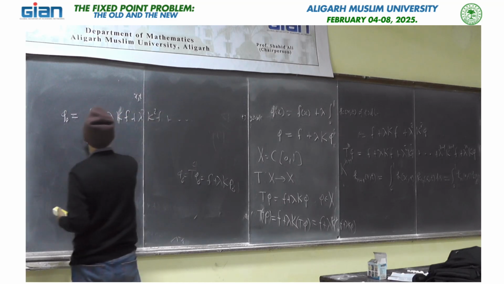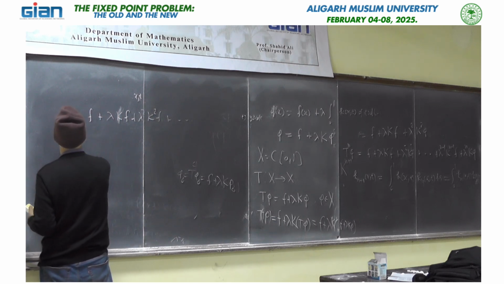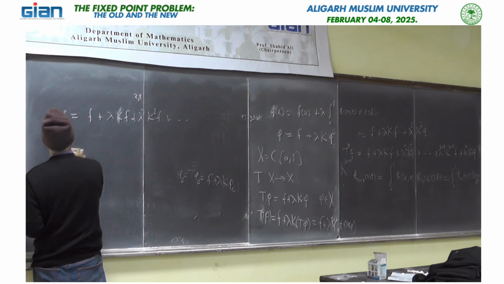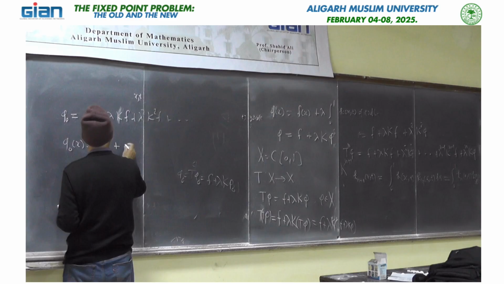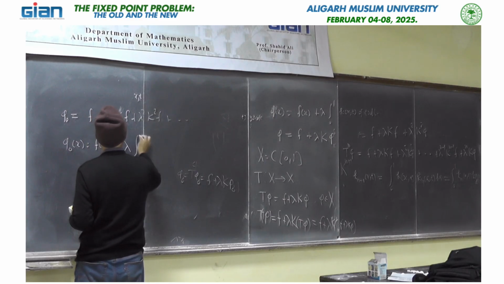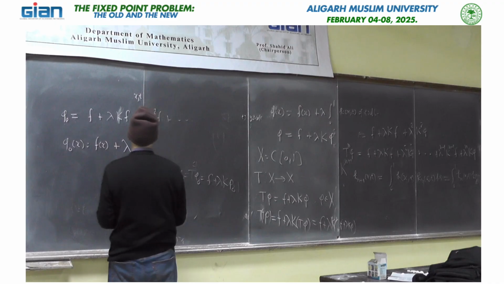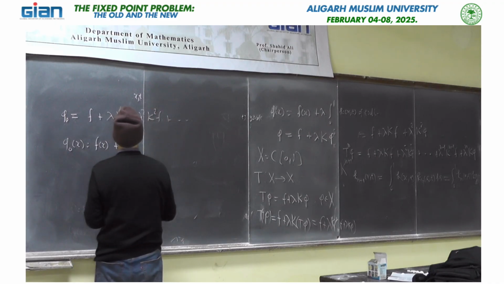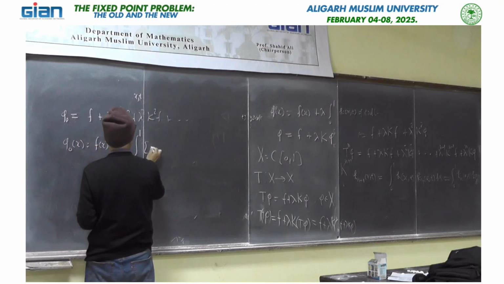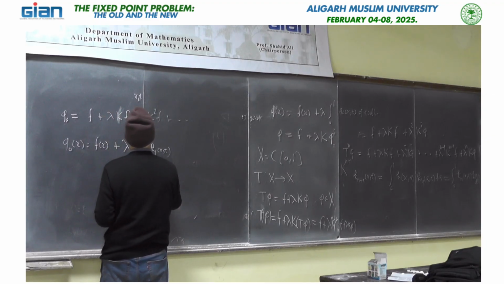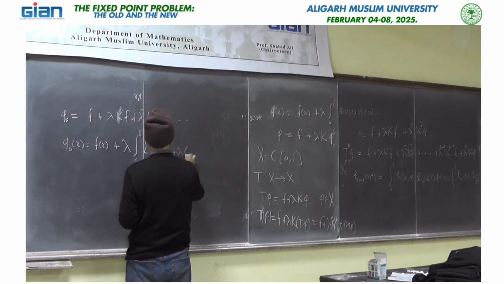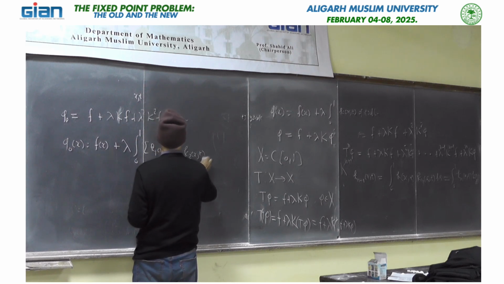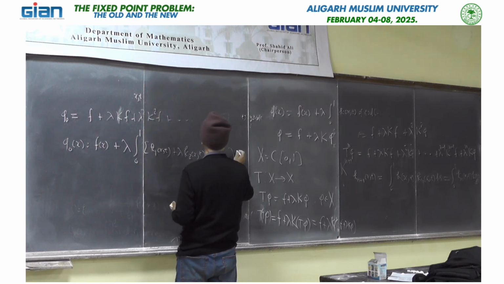If you write this in integral form, phi 0 of x equals f of x, and then you take out one lambda, and for Fredholm it is 0 to 1, the first one is k1(x,t), and then plus lambda k2(x,t) and so on, times f(t) dt.